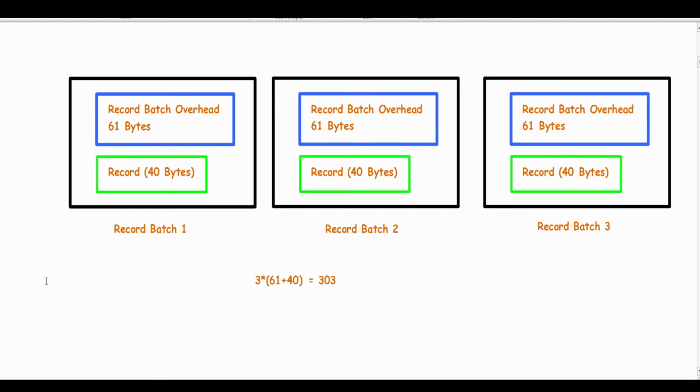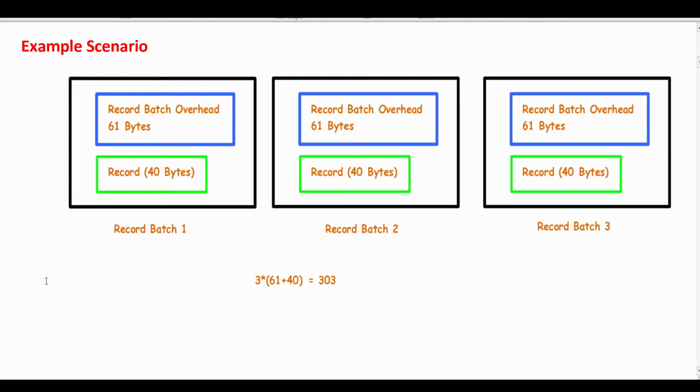Let's consider a typical scenario. Imagine three Kafka record batches. In each of the batch we are sending just one record, and let's say each record is of 40 bytes. Now, as we already know, Kafka record batch overhead is of fixed size, which is 61 bytes.